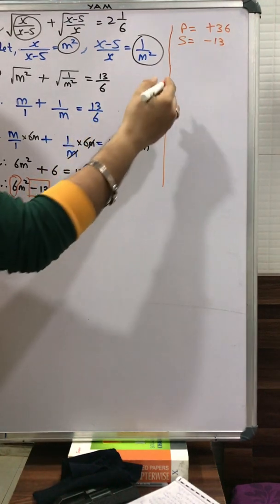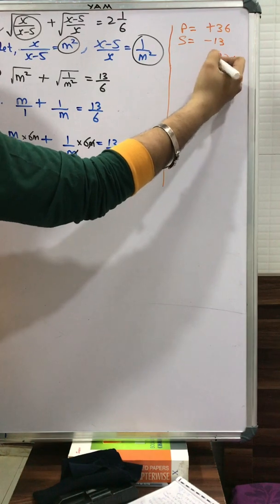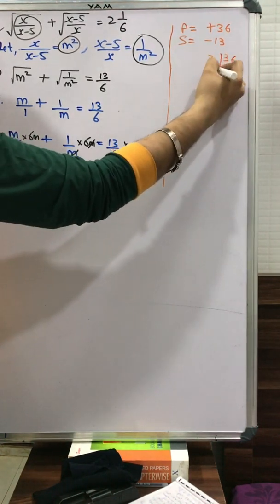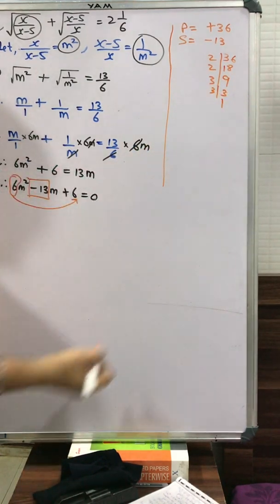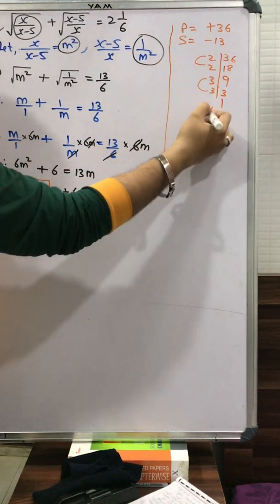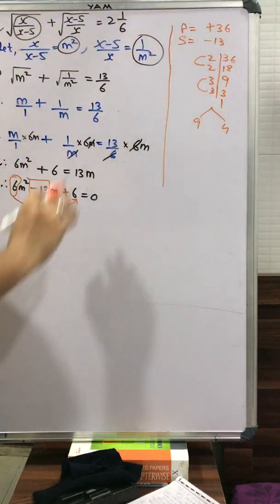So now let's break out this 36 only. If you break out this 36, how can you do it? 2 1s are 2, 8s are... Okay, then 2 9s are, 3 3s are, 3 1s are, 3 3s are 9, and 2 2s are 4. So 9 and 4. Of course 9 4s is 36. Perfect.